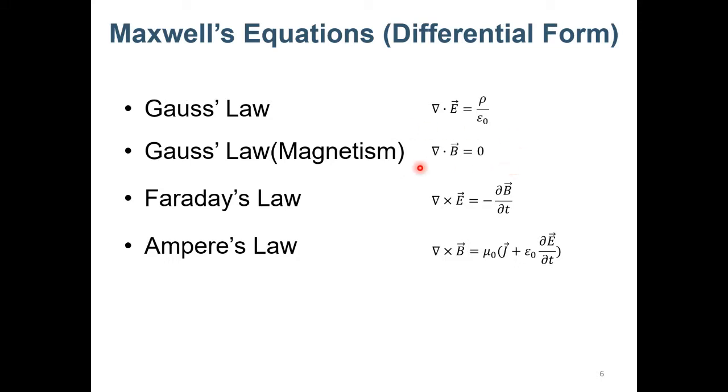For the magnetic version, the divergence of the B field equals 0. For Faraday's law, the curl of E equals minus partial B partial t. And Ampere's law will look like the curl of B equals mu J plus epsilon 0 partial E partial t.